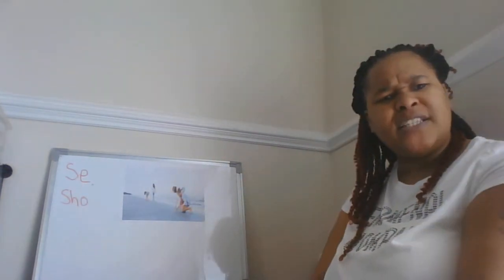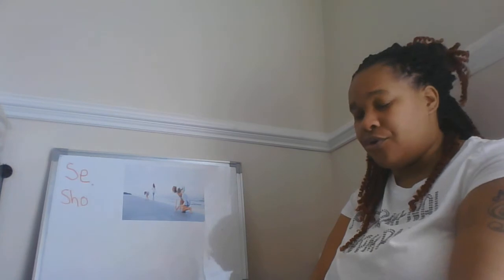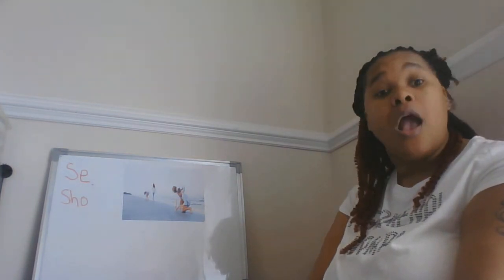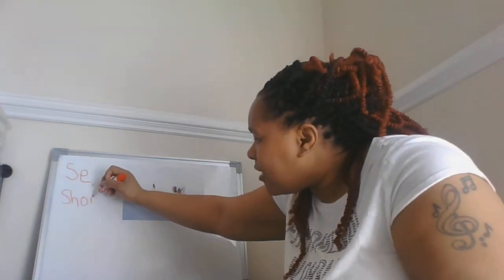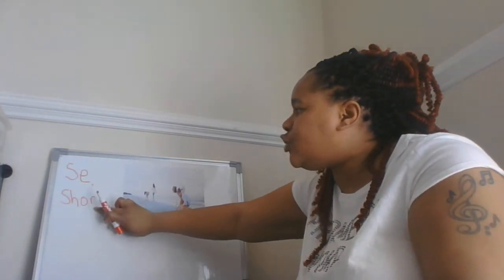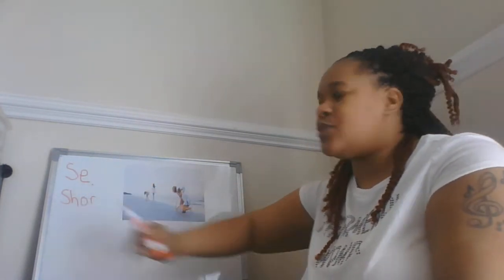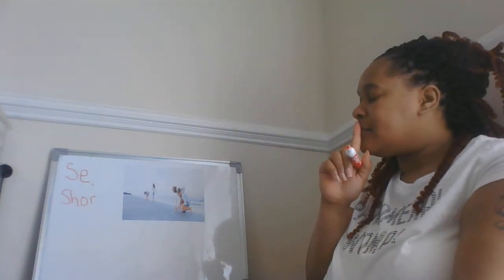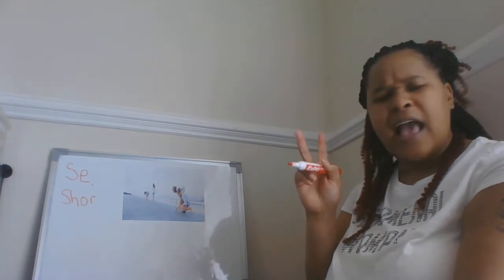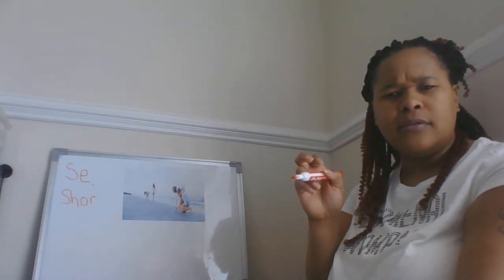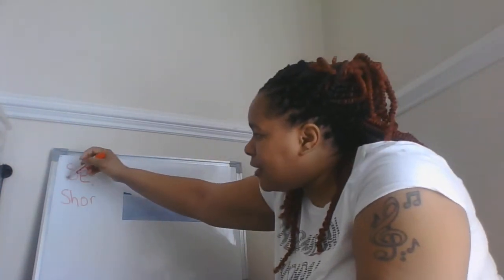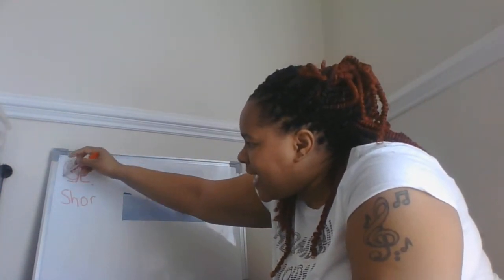Now what makes the shore? What sound do you hear? R. Okay, so we have seashore. Good job. Now, what letter does both of those words have? They have what? How many do we have? They start with the S.